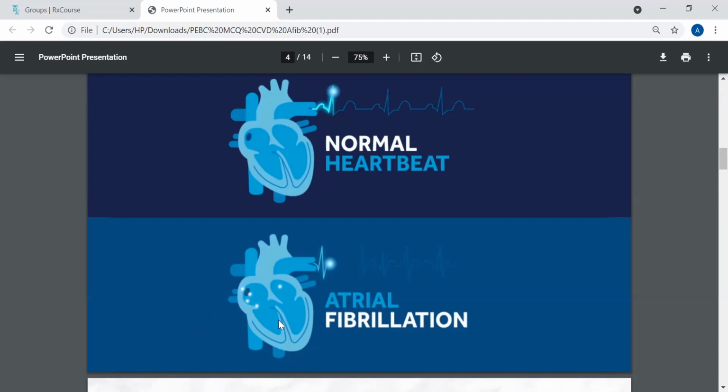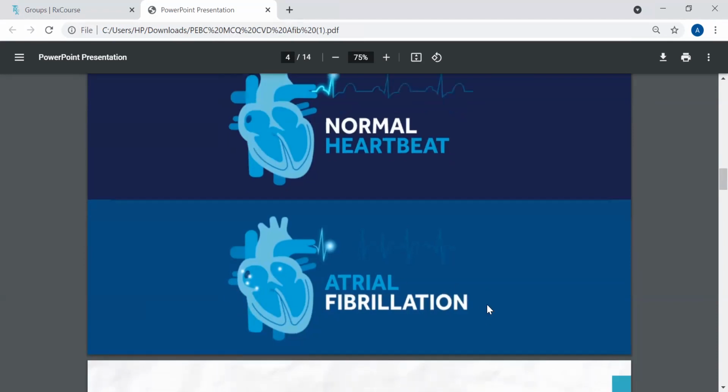One of the solutions, if I cannot control it by medication, is to make tiny scars in the heart tissue to make the signal go through a specific route, and this is how I can restore the normal rhythm of the heart. Okay, people?